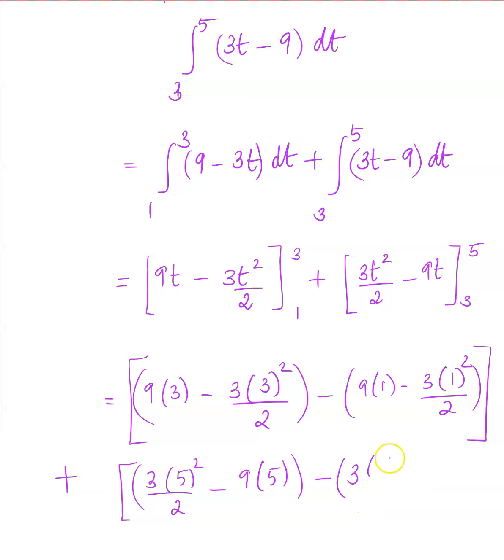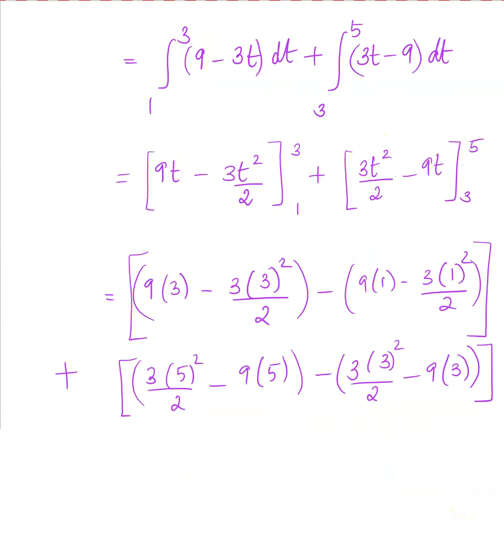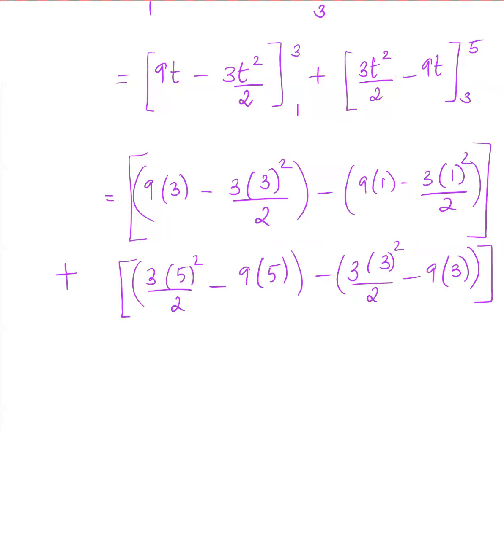So just watch out, it can get a little confusing, but just stay on top of the terms. And as I always recommend, never try to skip steps or do things in your head. Try to write them out. Even if it looks complex like this, it doesn't matter. Put them out and then go ahead and simplify it.